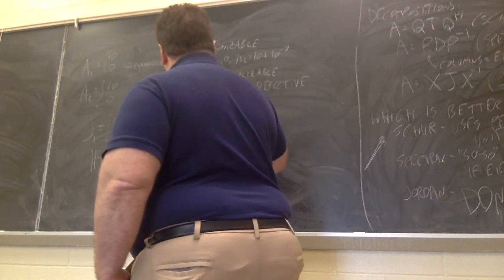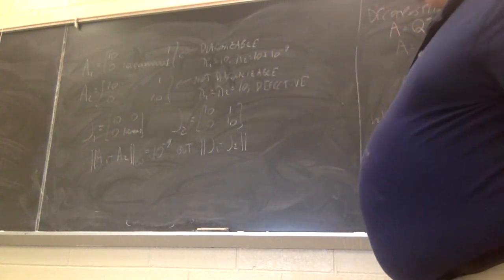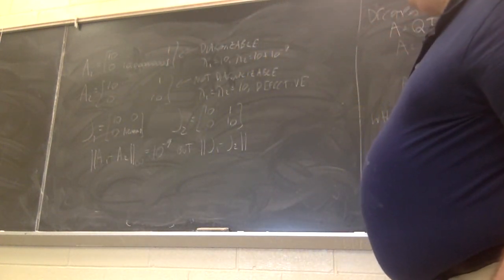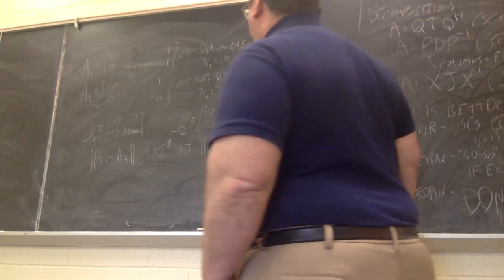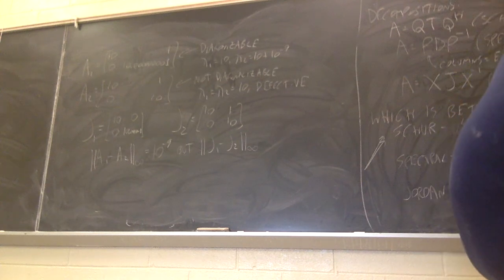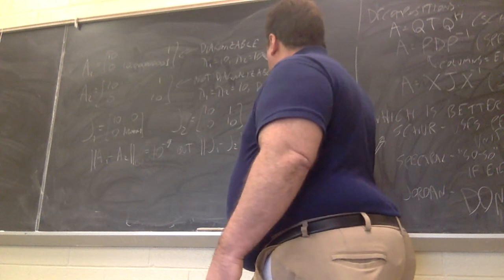But if I do the same with J1, J2, say take the infinity norm, the maximum row sum, okay, it's 1.